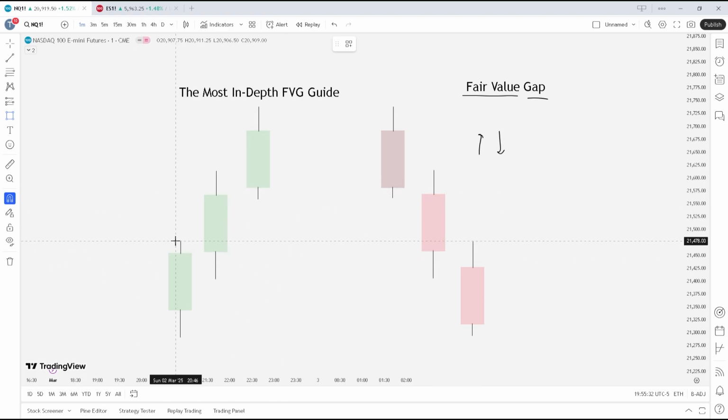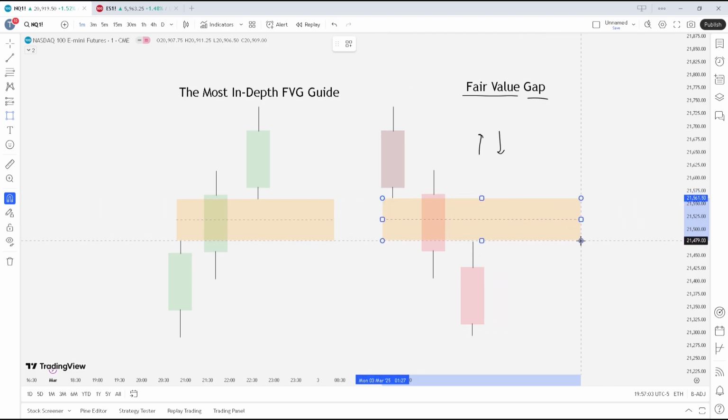So the fair value gap would be right here between this top wick of the first candle and the bottom wick of this last candle. Then for a bearish example, if we have 3 bearish candles, then this gap right here from the bottom of the first wick to the top of the third wick, if we draw out a rectangle here, this is going to be your fair value gap for the bearish side.